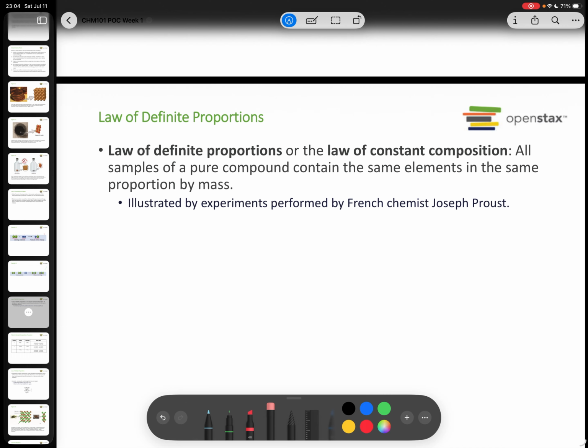On the other hand, pure carbon dioxide is always made of carbon and oxygen in the same mass ratio. So, Joseph Proust's experiments supported this idea. Okay? So, Dalton's theory explains it by saying that compounds contain atoms in fixed ratios. So, nag-agree naman silang dalawa doon.